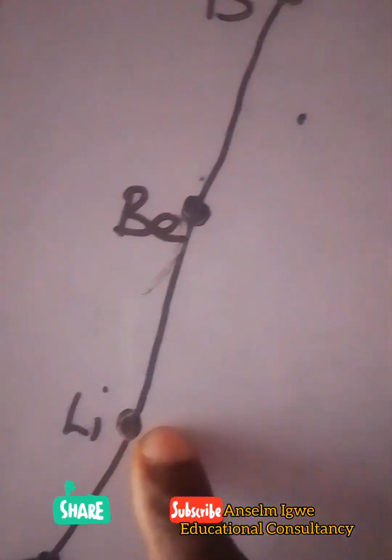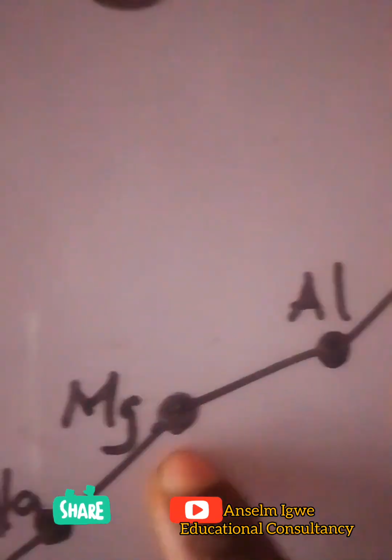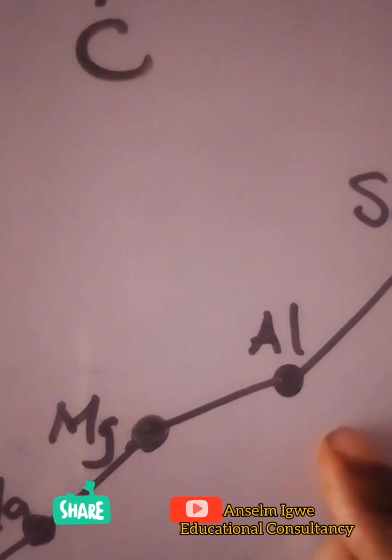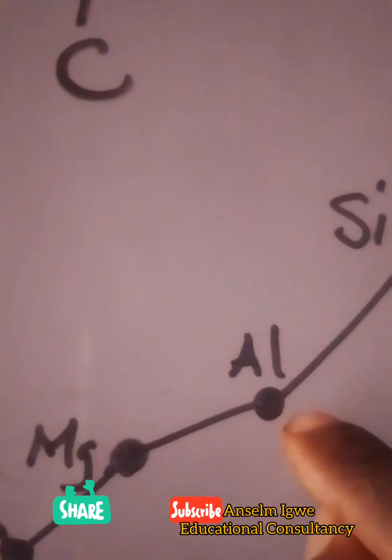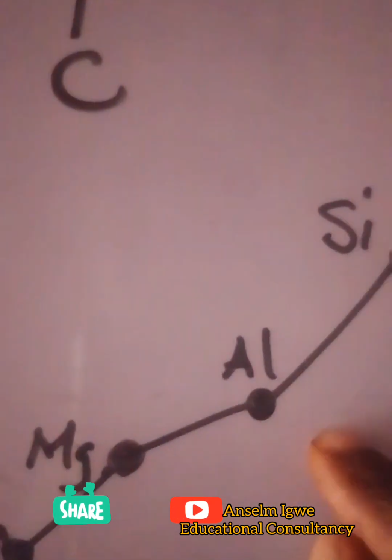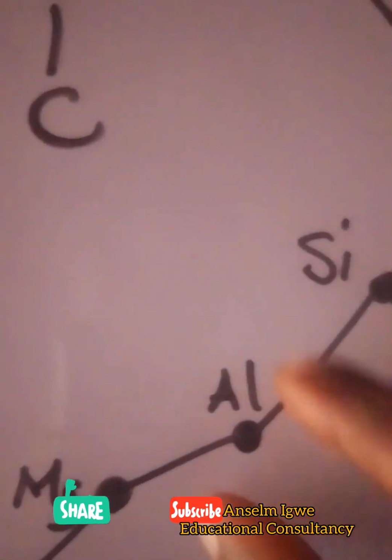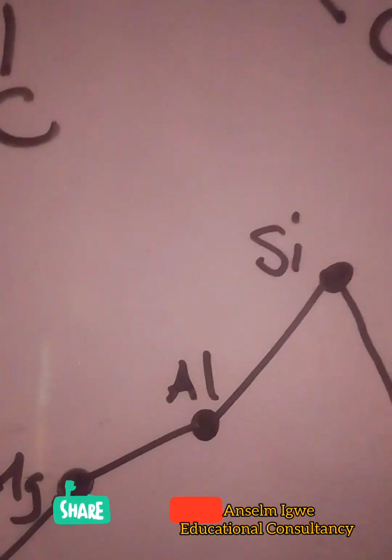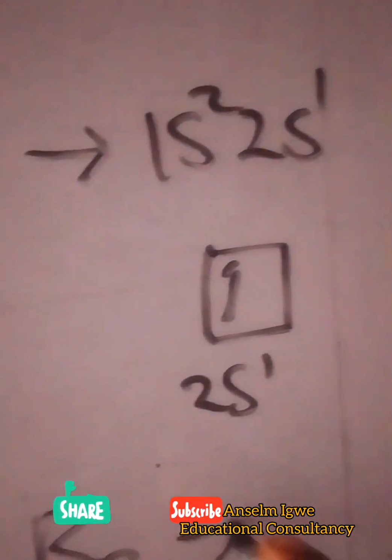Then we come to group 1 again. A similar thing occurs. Lithium, beryllium, boron, sodium, magnesium, aluminium. You see, increase. Another thing that makes group 3 elements have a higher melting point than group 2 and group 1 is that there are more empty vacant orbitals available for metallic bonding. For instance, lithium is number 3, 1s2, 2s1. You see, we have the orbital 2s1, 1 electron. Beryllium is number 4, 1s2, 2s2.